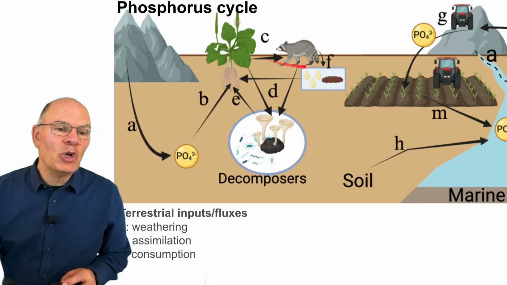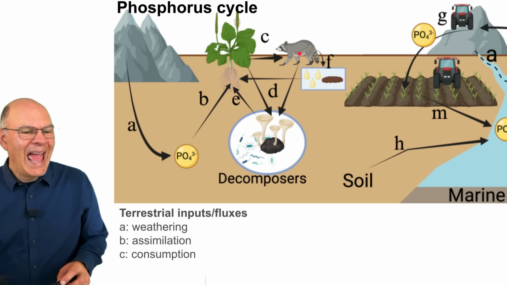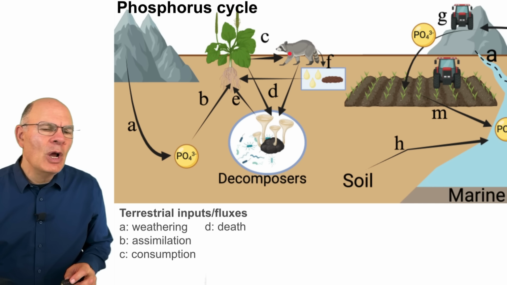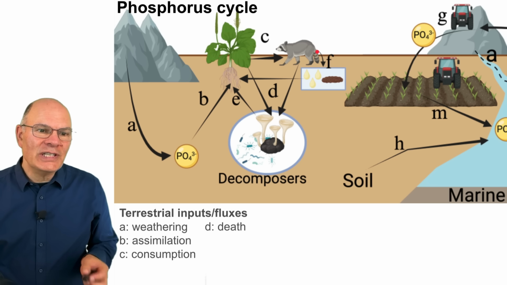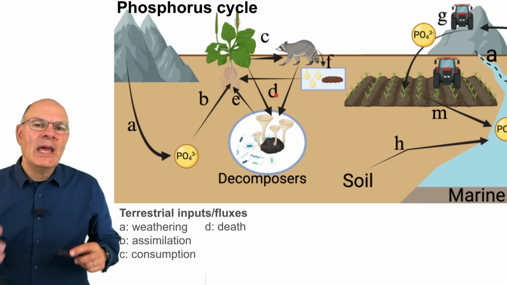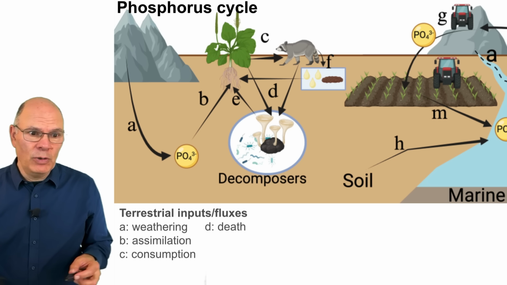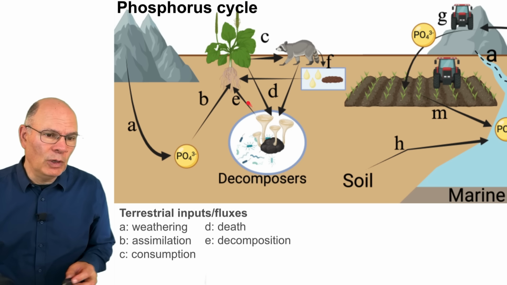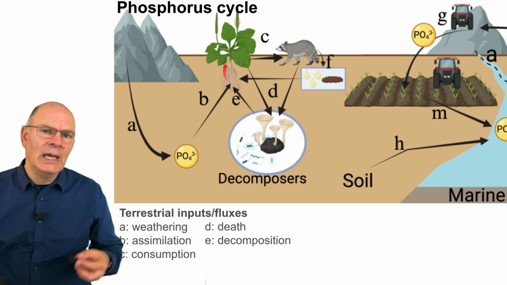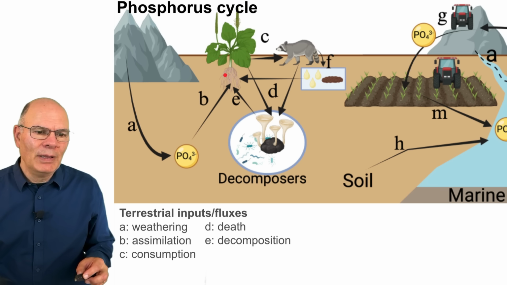Those plants in turn can be consumed by animals. That's consumption. When plants or animals die, represented by D, their phosphate will flow to decomposers. The decomposers, through decomposition, will release their phosphate, which can be taken up again by plants.